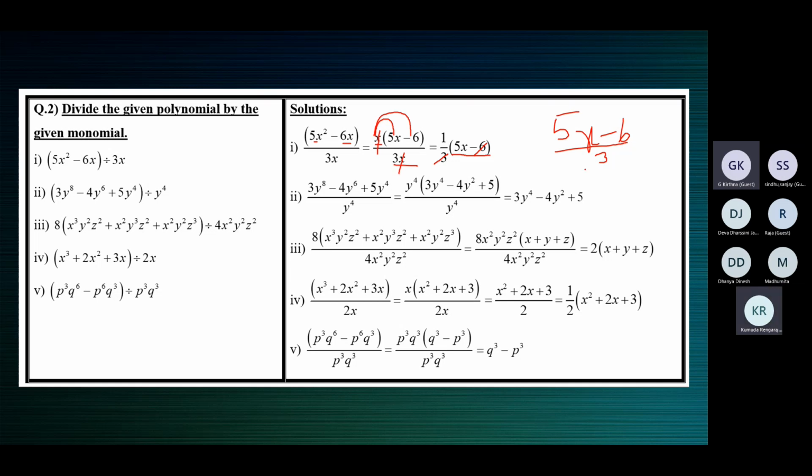Now supposing there's another 5x minus 6 in the denominator, you can cancel out 5x minus 6 as a whole, as one expression. But from an expression, you cannot take the terms separately. 5x minus 6 is one full thing. You cannot cancel 5x or only x or only 6. They're not separable.